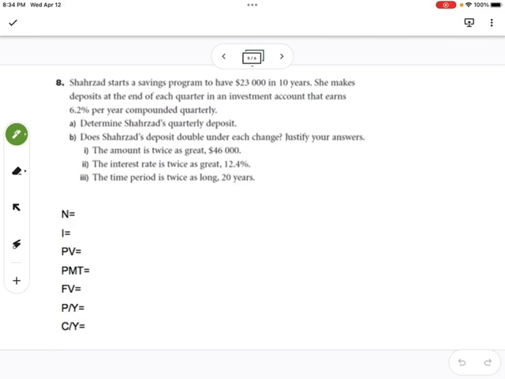So, she wants to have the $23,000 at the end of 10 years, meaning she's starting to save money. The present value will be 0. The future amount will be the $23,000.